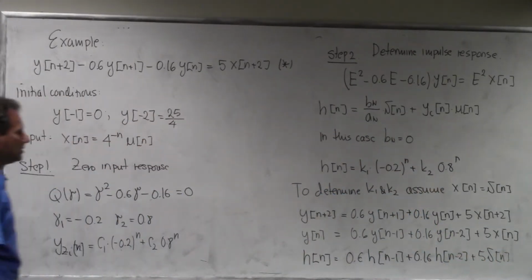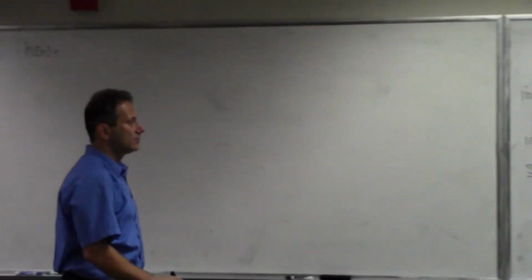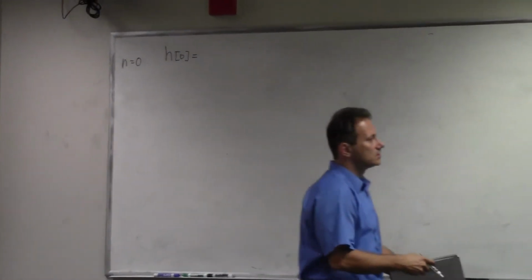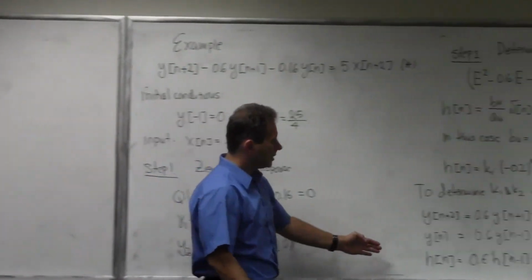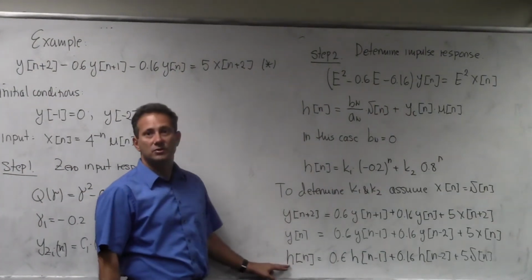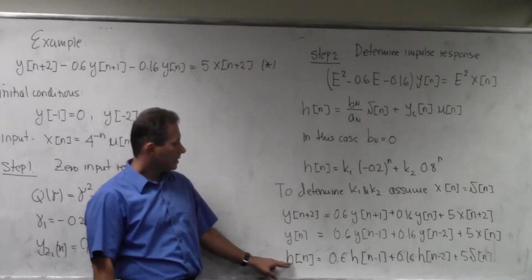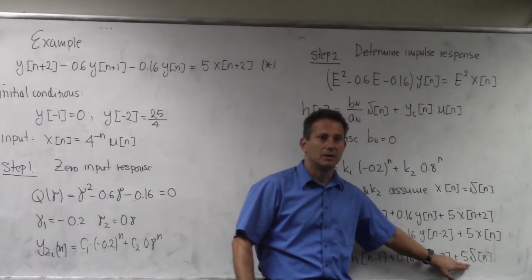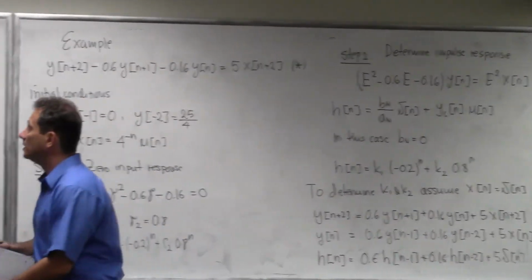So now, when n is equal to 0, what is h of 0? Since this is an impulse response, before 0, h has to be equal to 0, right? So this is 0, and then at 0, this is 1. So h of 0 is going to be equal to 5.